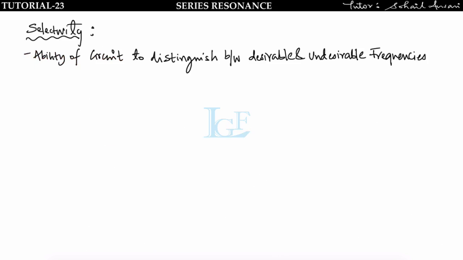Okay, now there is one more term that is known as selectivity. What do you mean by selectivity? Selectivity is the ability of a circuit to distinguish between the desirable and undesirable frequency. Actually, the most desired frequency is the resonance frequency, because at this frequency the current is maximum and we are getting the maximum power.